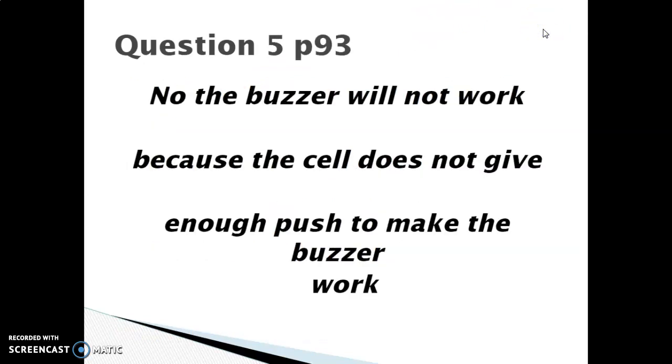Page 93. Look at the circuit here. A 1.5 volt cell is used with a 3 volt buzzer. Will the buzzer work? Explain your answer. No, the buzzer will not work.